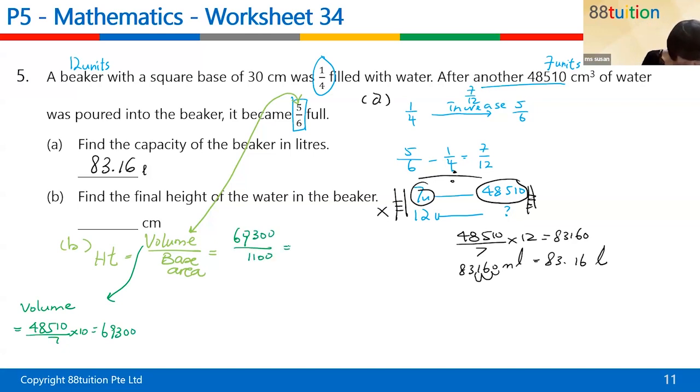Divided by base area of 1100. 7 times 10 equals 70. Not 1100. The base is 30. Ayo, that was the previous question. So 69,300 divided by the base area, I should get down to 77.